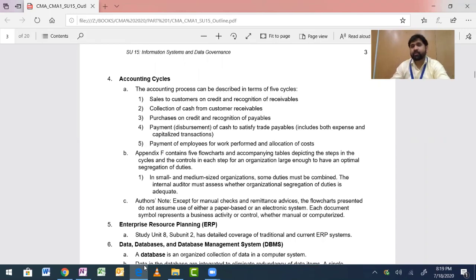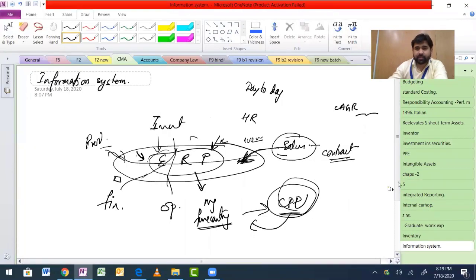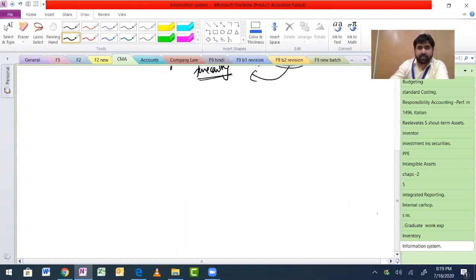Payment of employees for work performed, and this one, allocation of cost. This is a very important term. I don't know how much you will understand this one, allocation of cost, because this is how the HR department works: they record the hours and all that.